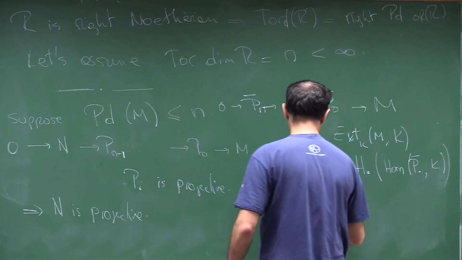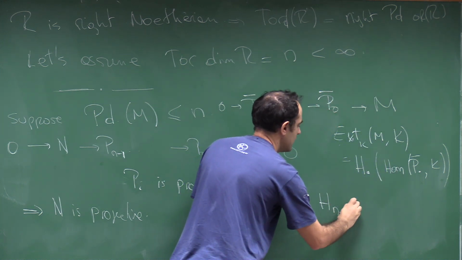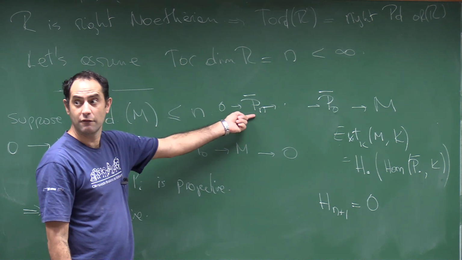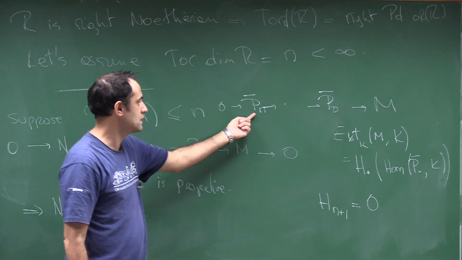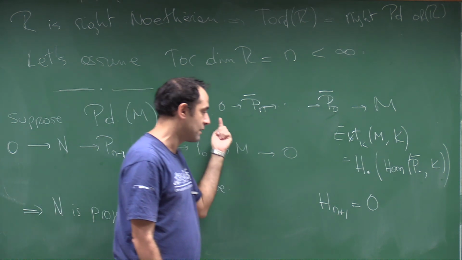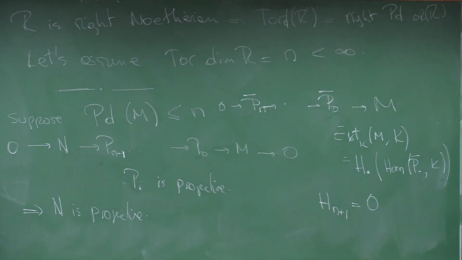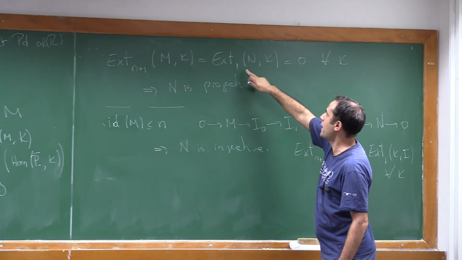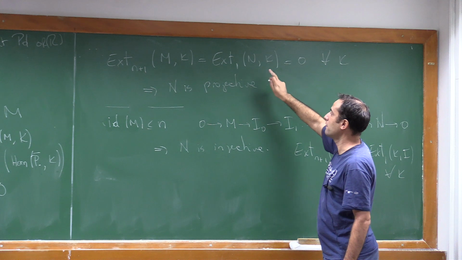So the homology in degree n plus 1 is 0, because Hom itself is 0 at that degree. This complex has n elements. It does not have anything in degree n plus 1. So that's the proof that this guy is 0 for that M, and therefore Ext^1 is 0 for any K, and therefore N is projective.